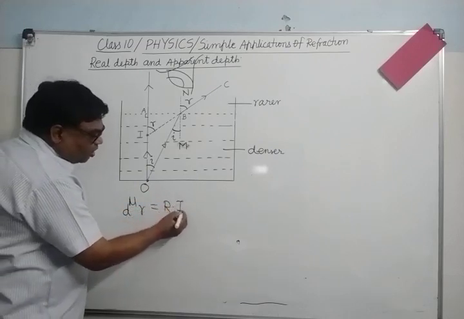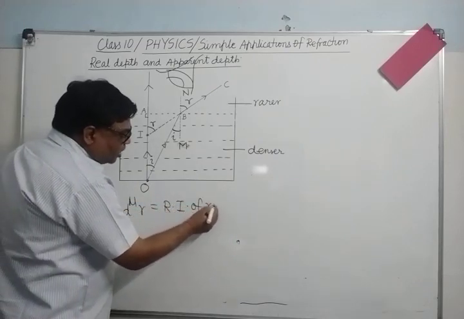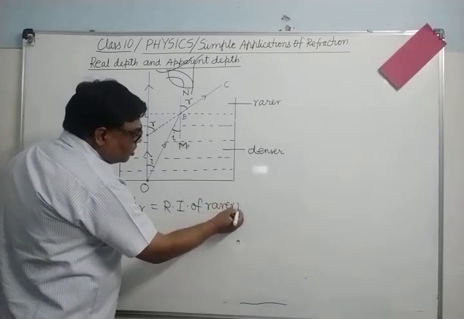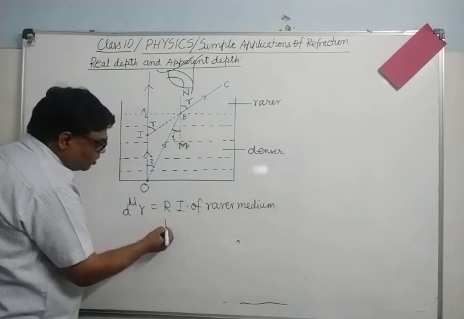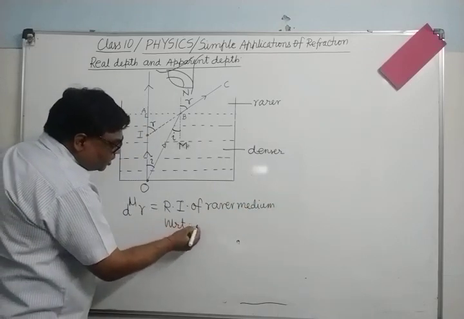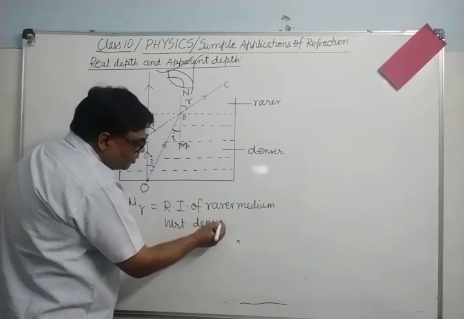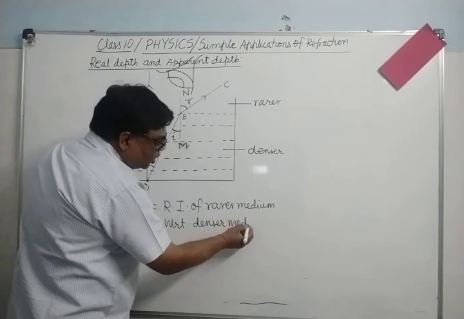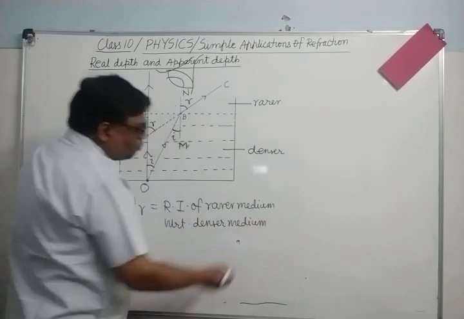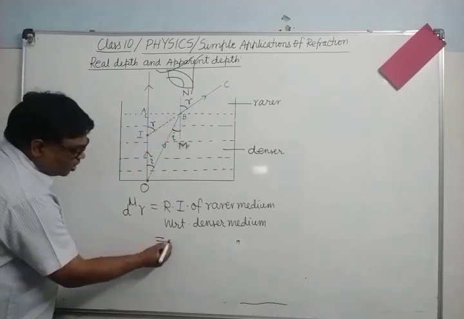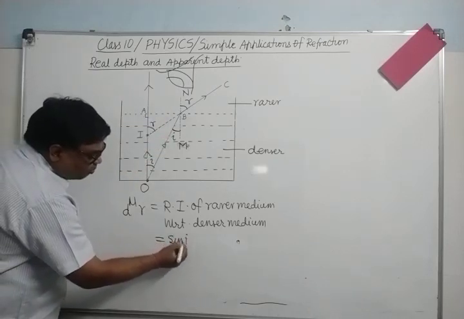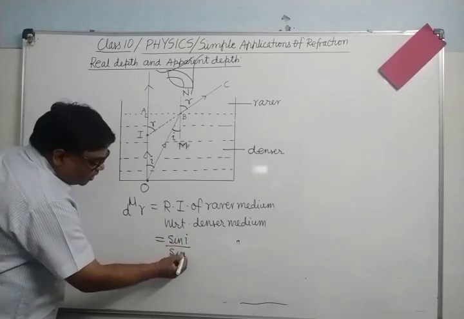Refractive index of rarer medium with respect to denser medium. So it will be equal to sin I upon sin r. You can write sin I upon sin r.